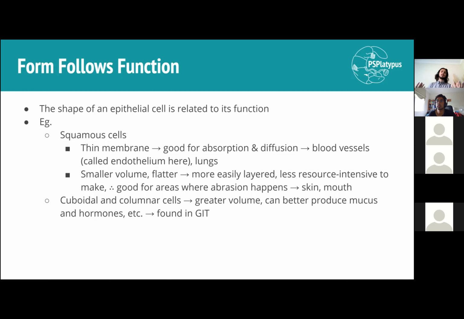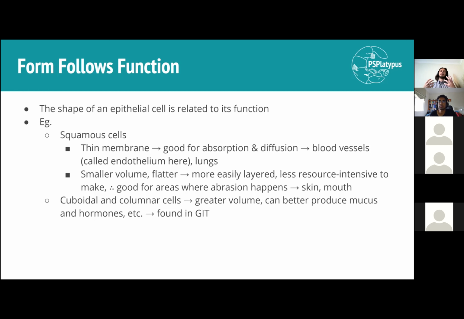For instance, squamous cells have a thin membrane, so they're good for absorption and diffusion. That's why you'll find squamous cells in blood vessels and in the lungs. They're also smaller volume and flatter, so they're less expensive to produce and more easily layered.